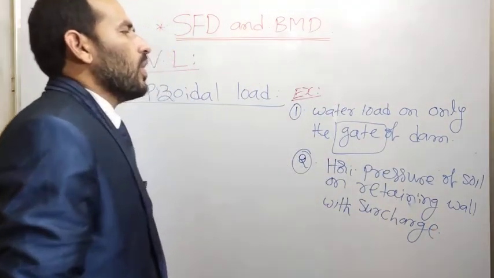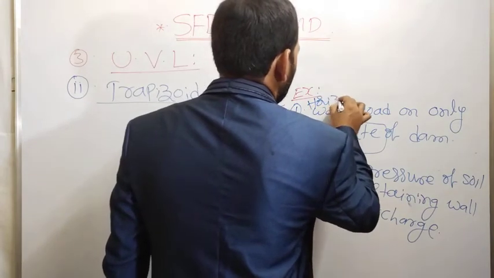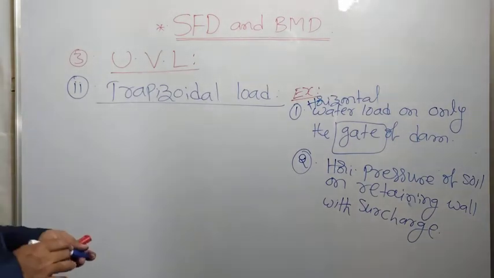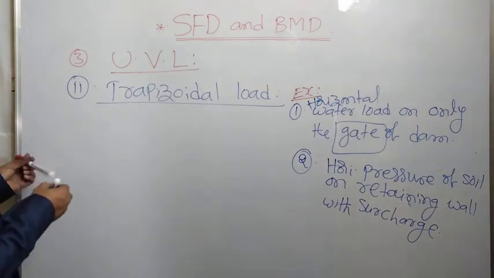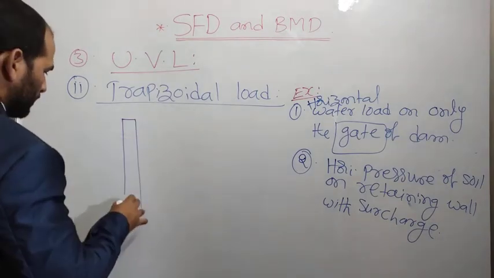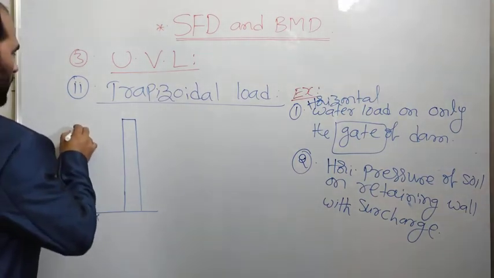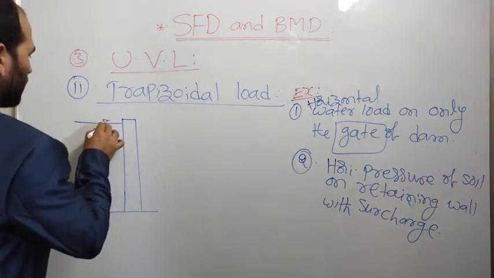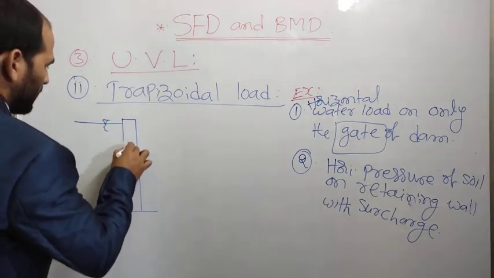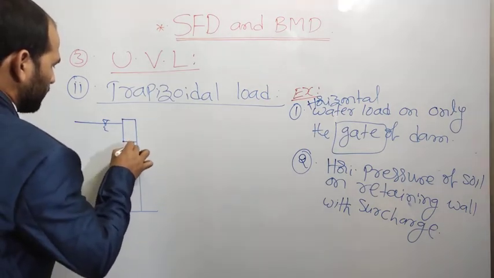Here the water load, or the horizontal water load on the gate only in the dam. See here, this is the dam, and this is the water level, but the gate is provided here. This is the gate.